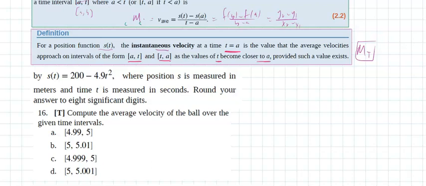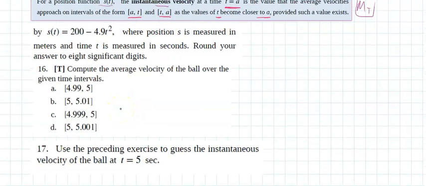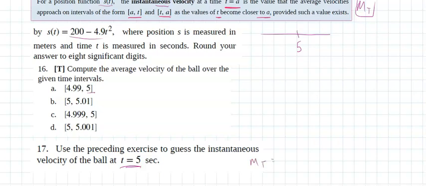And here again, they walk you through it. Let's say this is a position function. This is kind of like saying y equal 200 minus 4.9 t squared, right? And the first, they're going from 4.99 to 5. So 5 is really what we're trying to figure out. We're trying to figure out what is the slope of the tangent at t equal 5 or x equal 5. So this is what they do.